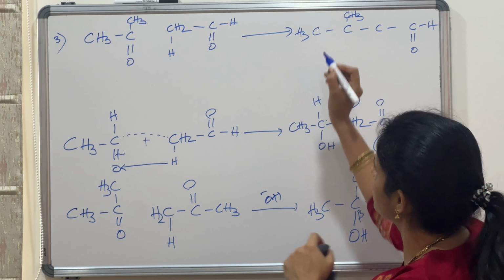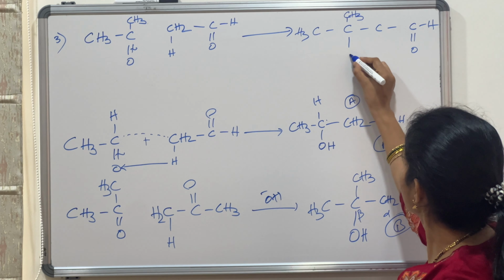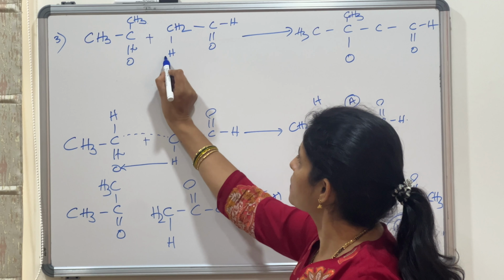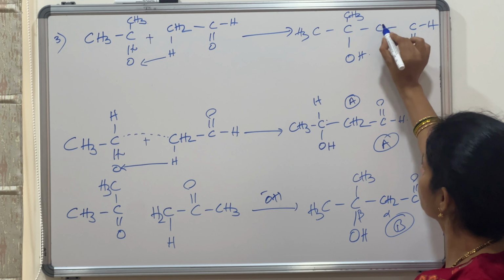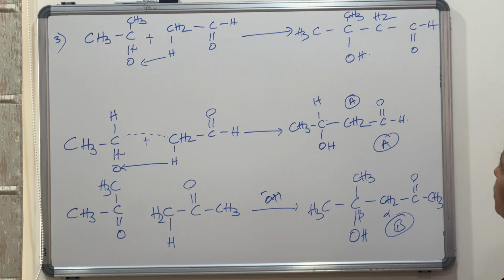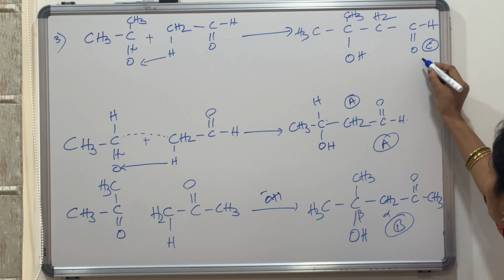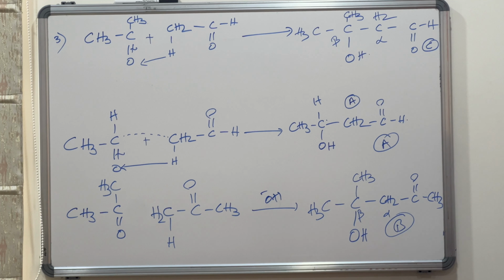Break this pi bond, and the second step is also completed. Third step, transfer this hydrogen from this side to this side. Complete the valences by putting in the hydrogens. This is A, B, C, the third product. It is also a beta hydroxy aldehyde.